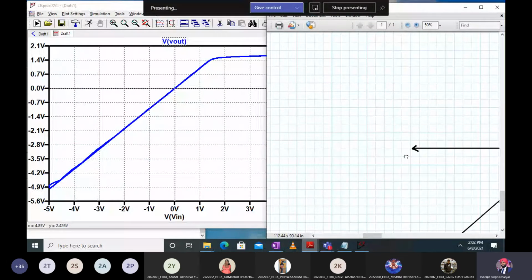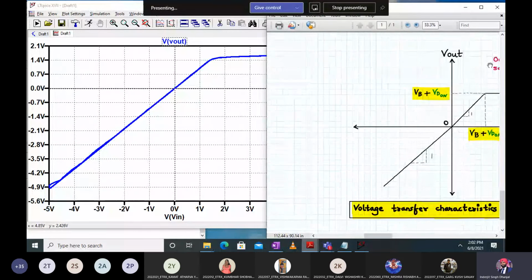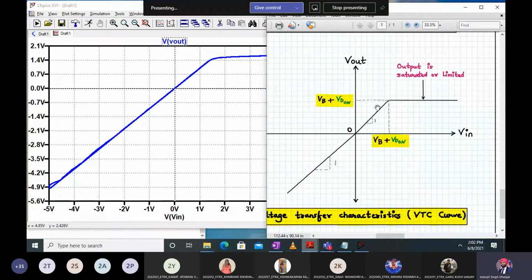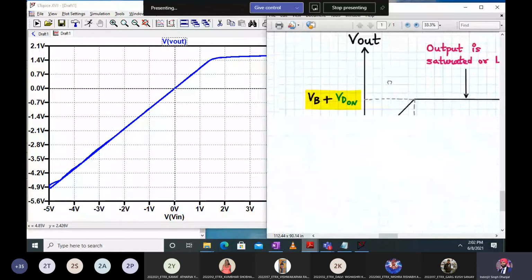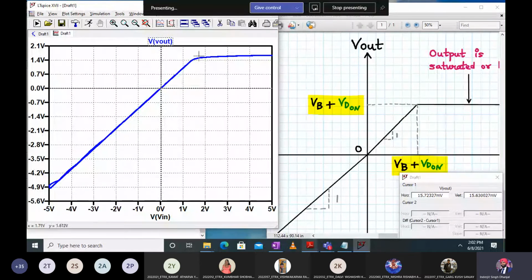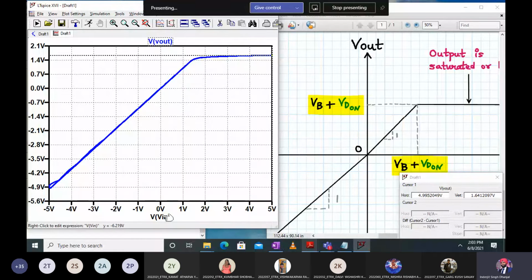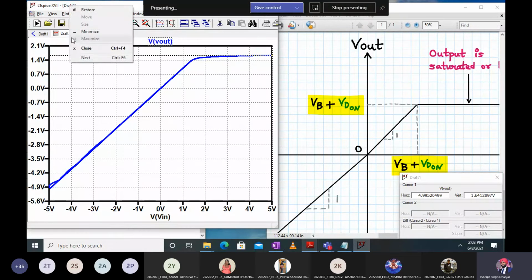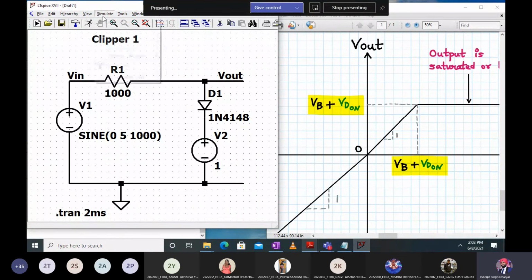Just a few minutes more and then I'll wind up for today. Here it is. Okay, so one and the same, as you can see clearly. It is VB plus VD on. Sorry, VB is 1 volt and VD on is around here. Let me check the value over here, how much it is. Around 1.64. See, it's getting added. And if you want to see the input output waveforms, you can also view that quickly.